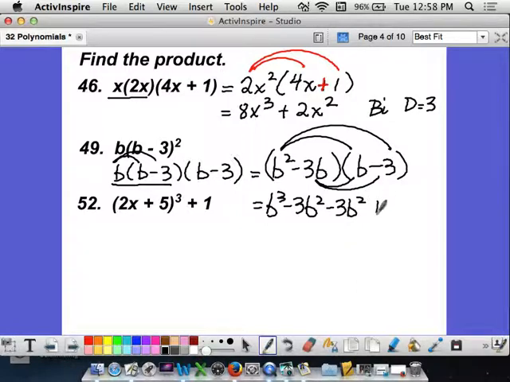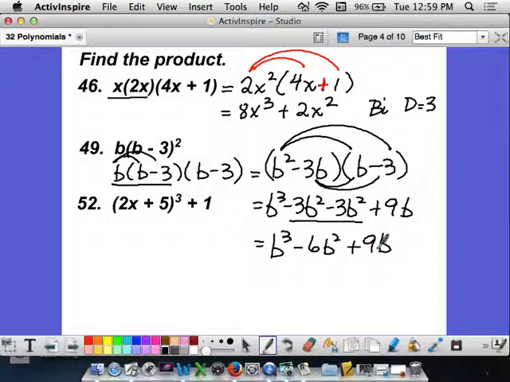And then you're going to combine like terms. You have b cubed, combine these, and that's negative 6b squared plus 9b. That's one method of doing it where you have a trinomial with a degree of 3. So I could write this out like this.